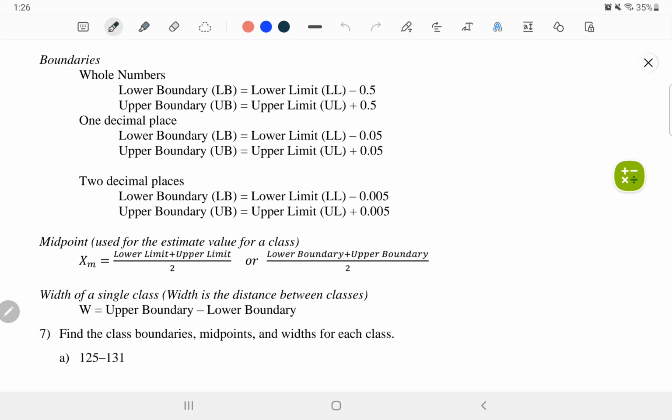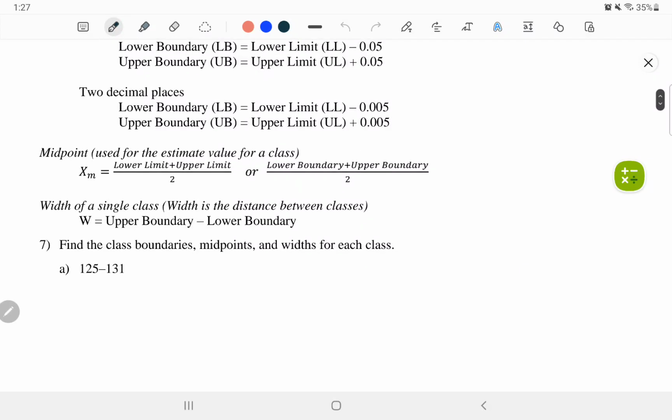If we have one number after the decimal, the lower boundary is the lower limit minus 0.05, and the upper boundary equals the upper limit plus 0.05. We've seen these things already back in chapter 1, section 2, when finding the boundaries for continuous data, which is quantitative data that is used for measuring.